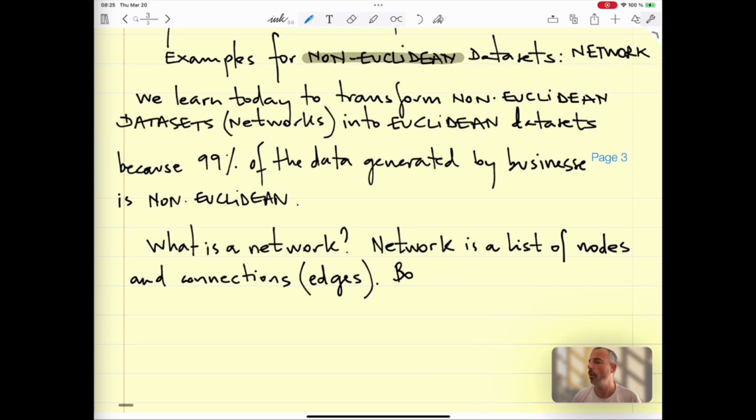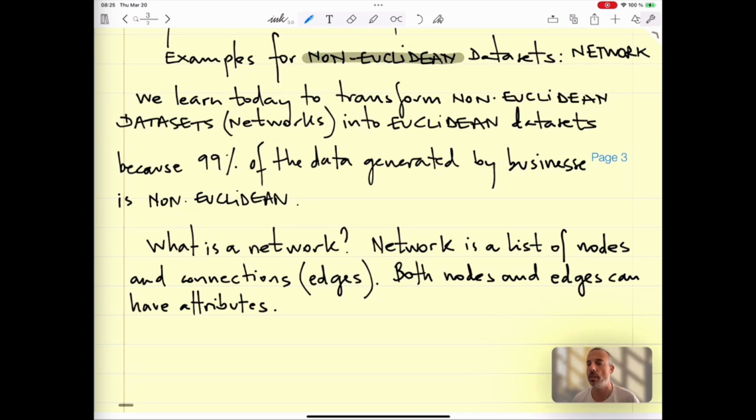Both nodes and edges can have attributes.